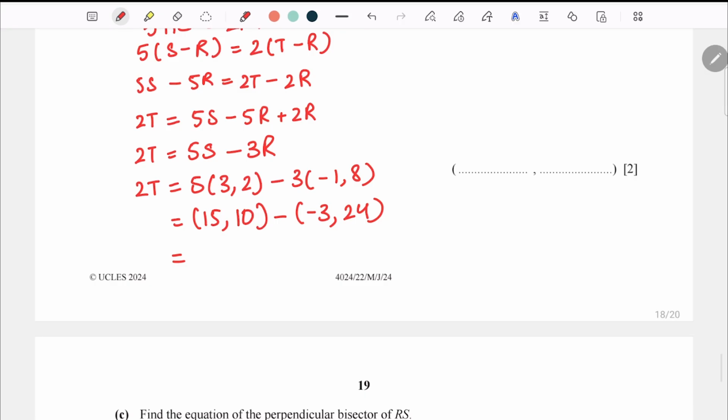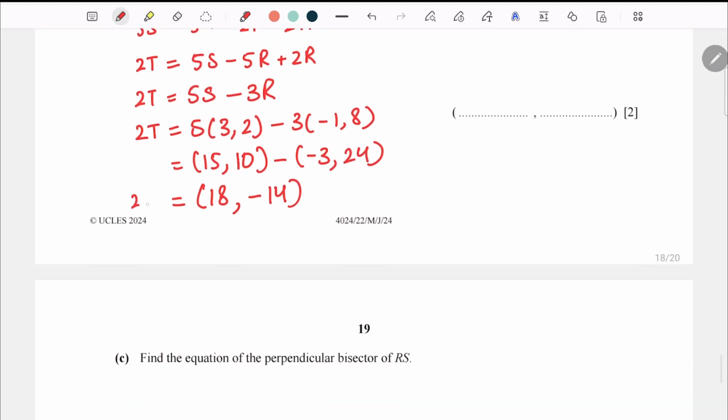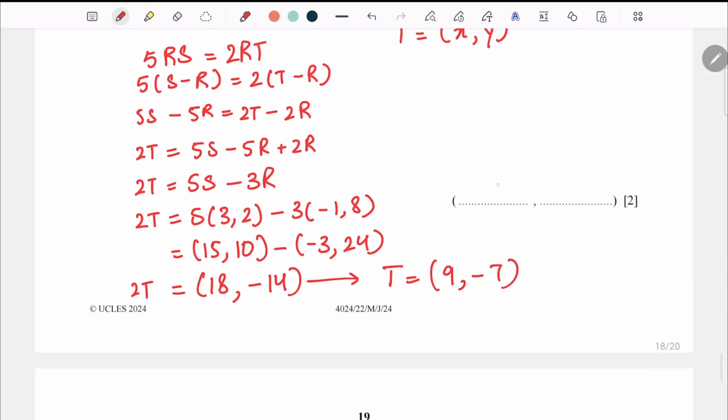Now we'll subtract both the coordinates. 15 minus 3, so 15 plus 3, 18. 10 minus 24 is minus 14. And this is equal to 2T. Now when I divide 18 and minus 14 by 2, I'll get the coordinates of T, that are 9, minus 7. So the final coordinates of T are (9, -7).